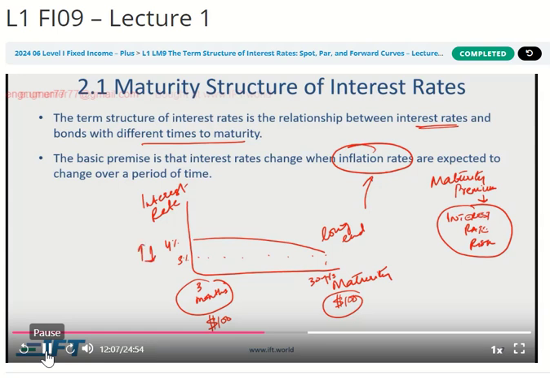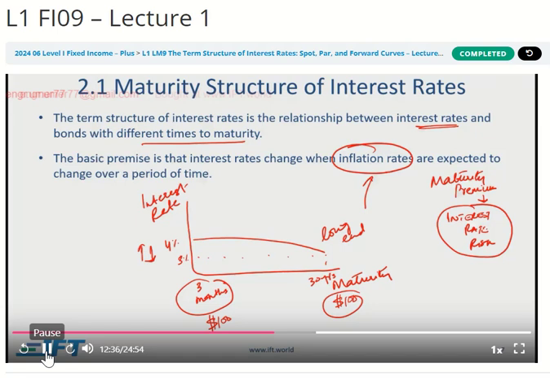So let me repeat what I just said, because this is a complicated concept which at level 1 you need to consciously try to listen to again and again, and understand. What happens is that the market participants are very smart, and they have their long term expectation of inflation.